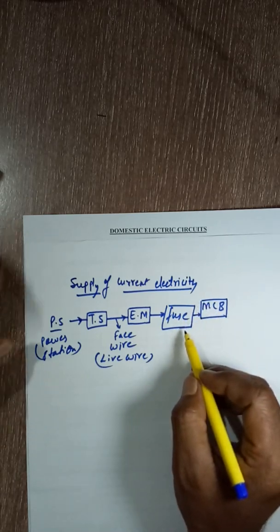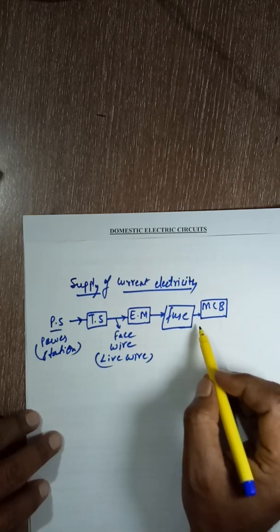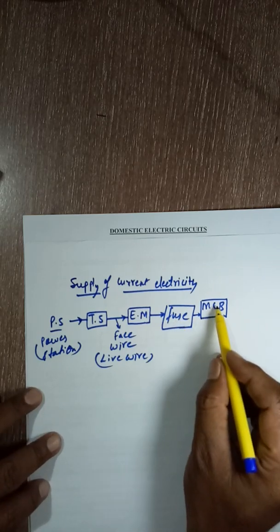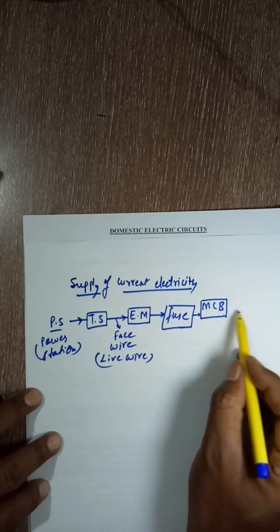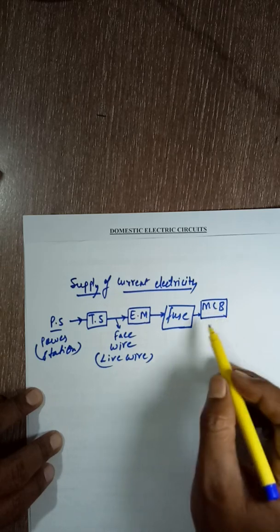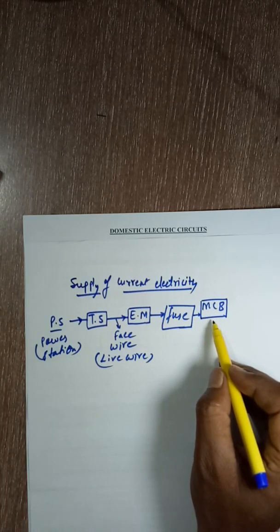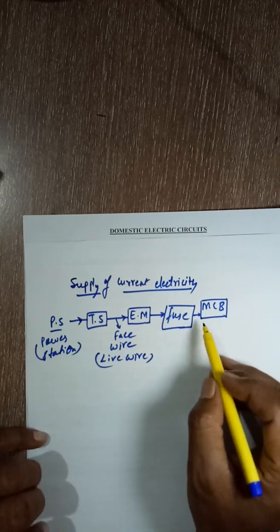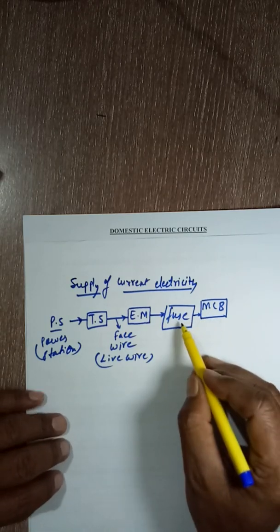In many household circuits it is a matter of choice whether you put an MCB directly in place of a fuse, or keep a fuse before or after it. But MCB is more secure and has an advantage over a fuse. In an MCB we need not change the wire again and again, but in a fuse we have to.